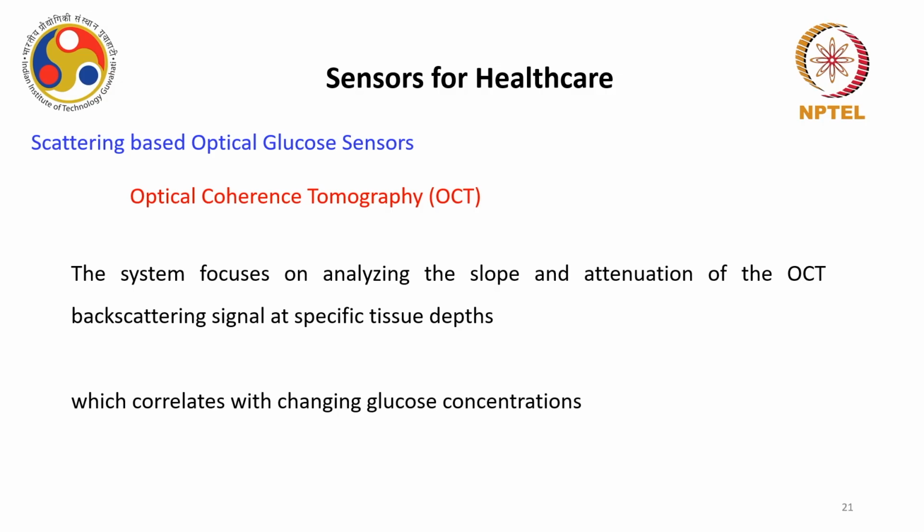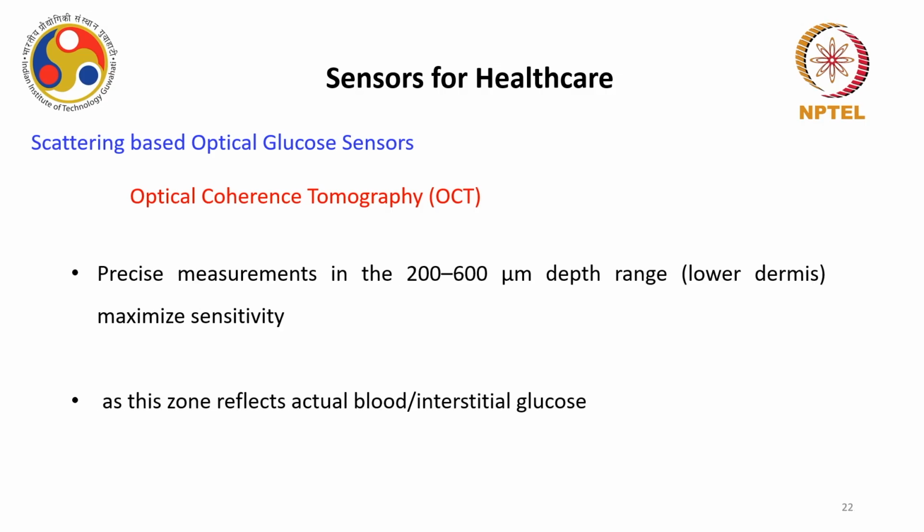The system focuses on analyzing the slope and the attenuation of the OCT backscattering photon signal at specific tissue depth, which correlate with the changing or fluctuating glucose concentration. Precise measurement in the range of 200, basically above 100 till 600 micron depth, which is basically our lower dermis, maximizes the sensitivity of this OCT device.